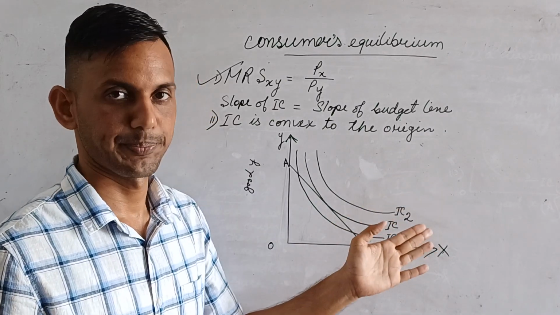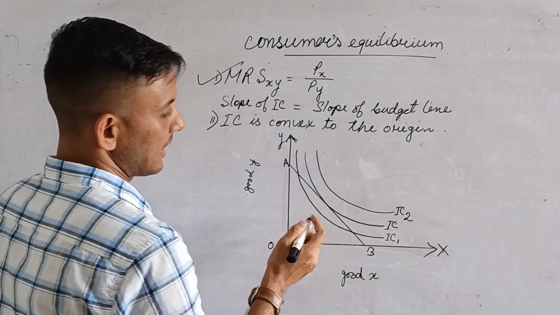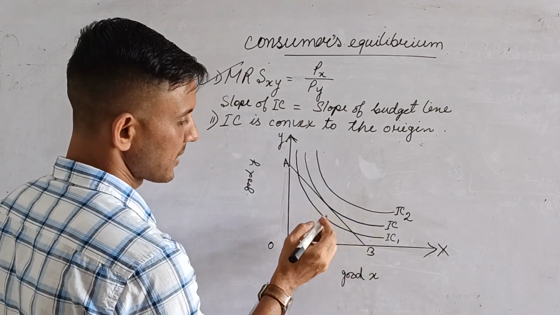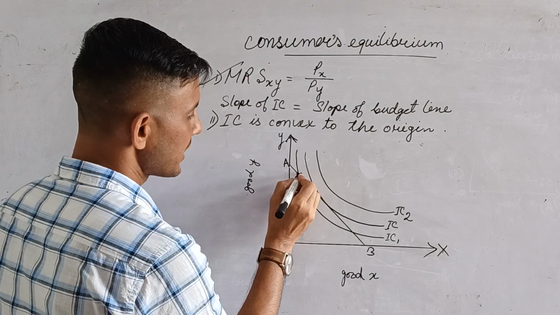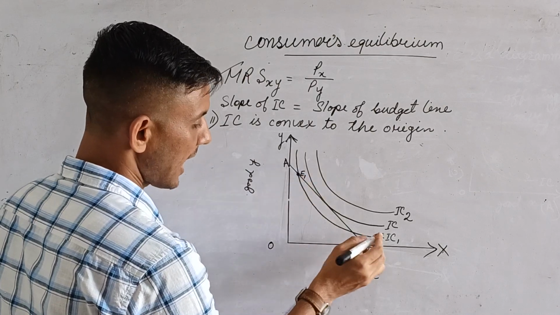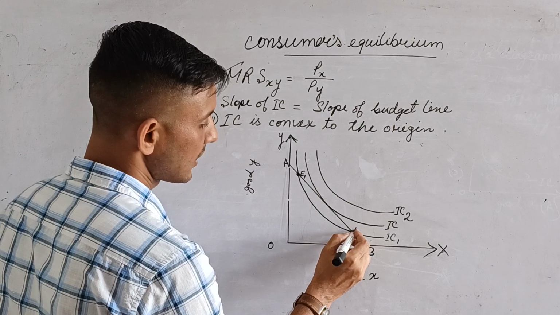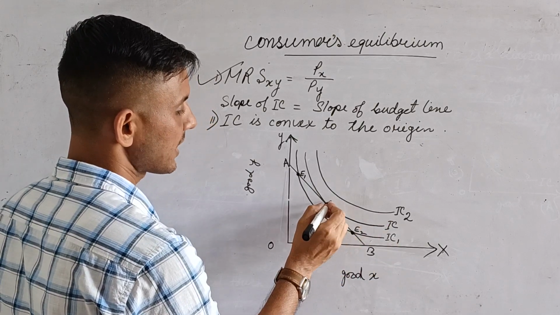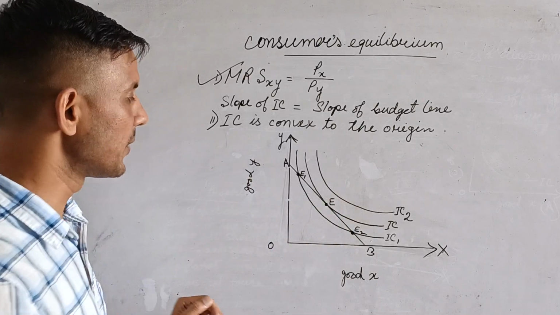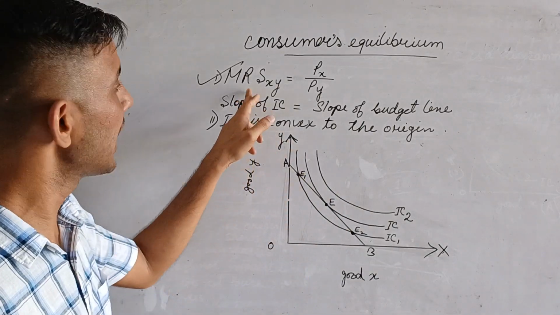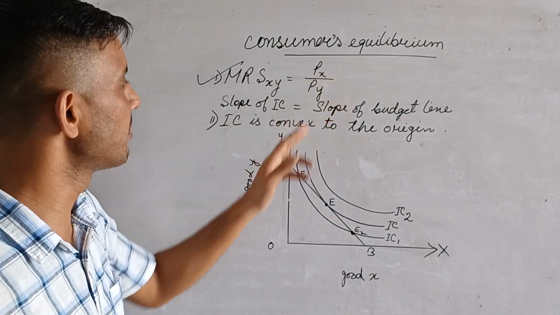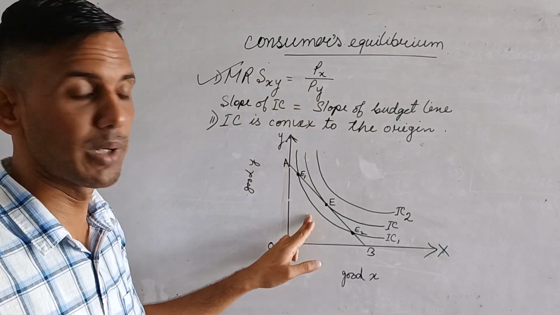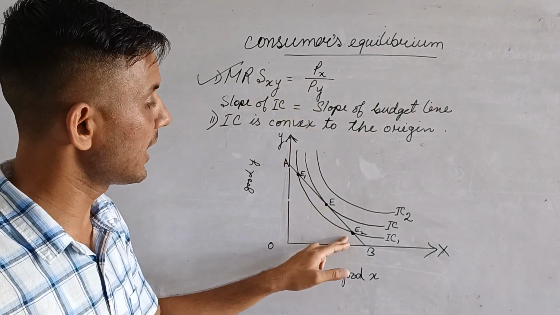This is beyond. Okay, now you see this budget line AB intersects IC1 at point E1, and IC1 again here at E2, and this budget line intersects the indifference curve at point E. According to the first condition, MRS xy is equal to Px by Py, when both intersect, there are three equilibrium points, E, E1 and E2.